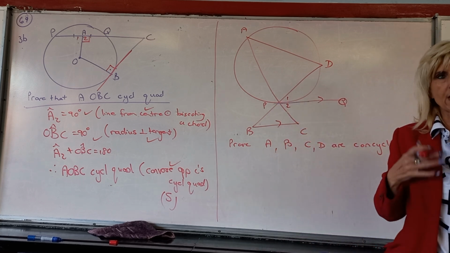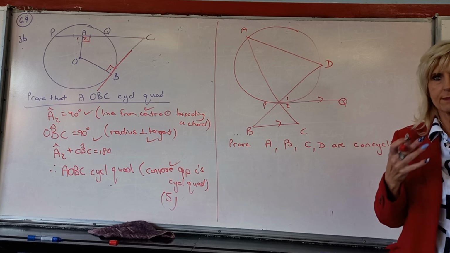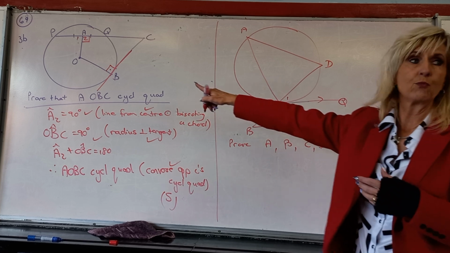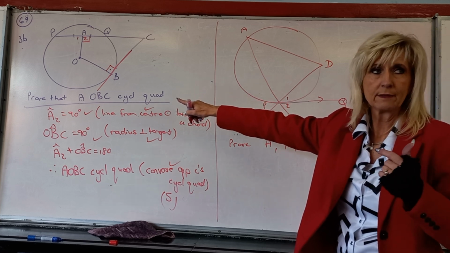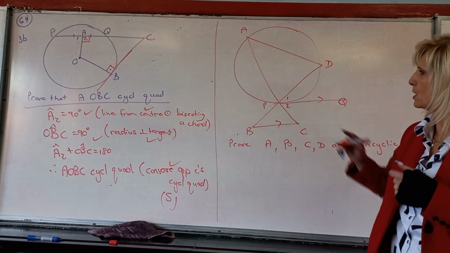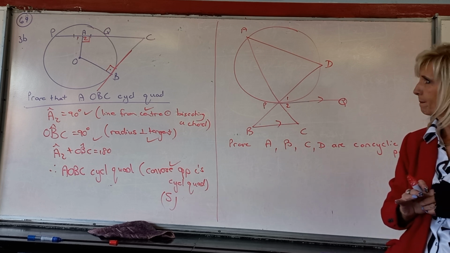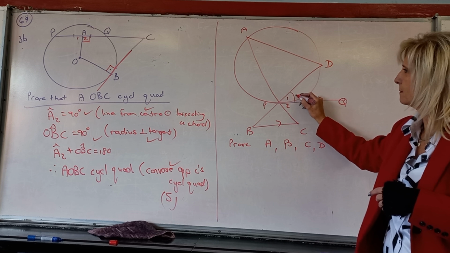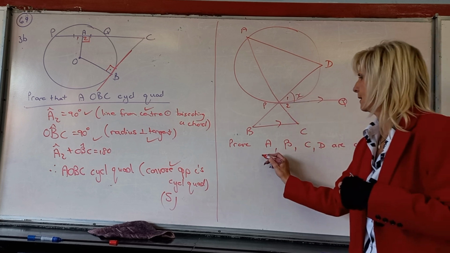So what tends to come to your mind if you hear tangent? Theorem 9, it's tan chord. It doesn't work one in a million times, but it does work here. So P1 would be equal to? A. Do you agree? Yes. So let's call P1 X, but then say it.